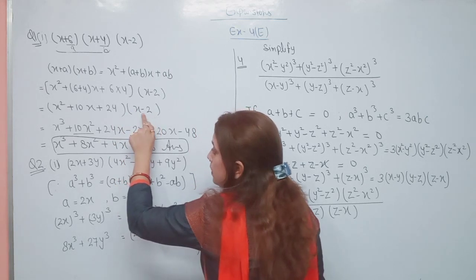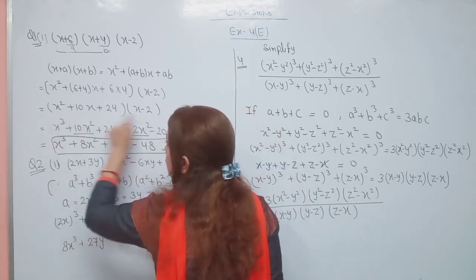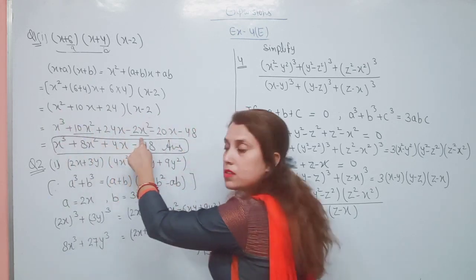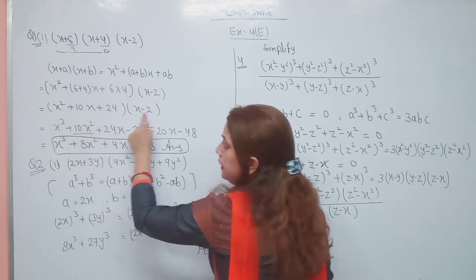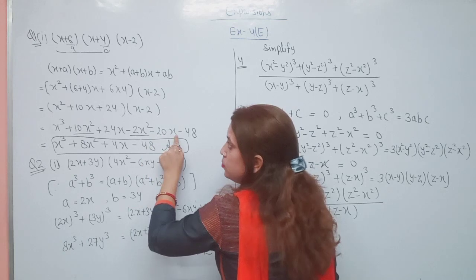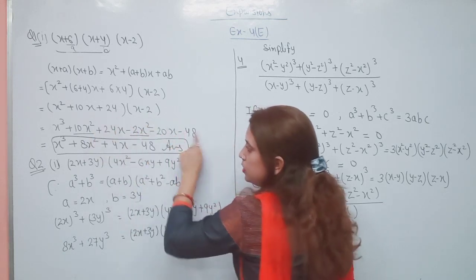Now multiply by minus 2: minus 2 into x square is minus 2x square, minus 2 into 10x is minus 20x, and minus 2 into 24 is minus 48.